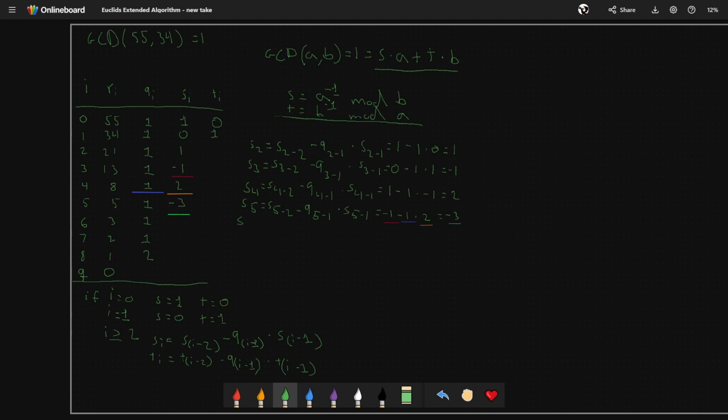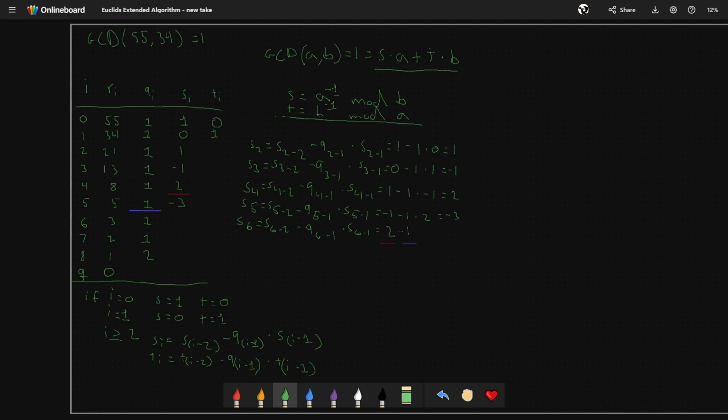At S6, or I6, sorry, we have S6 is equal to S6 minus 2 minus Q6 minus 1 multiplied by S6 minus 1, and that's equal to: S6 minus 2 is equal to S4. S4 is 2. Minus Q6 minus 1. That's Q5. Q5 is equal to 1.